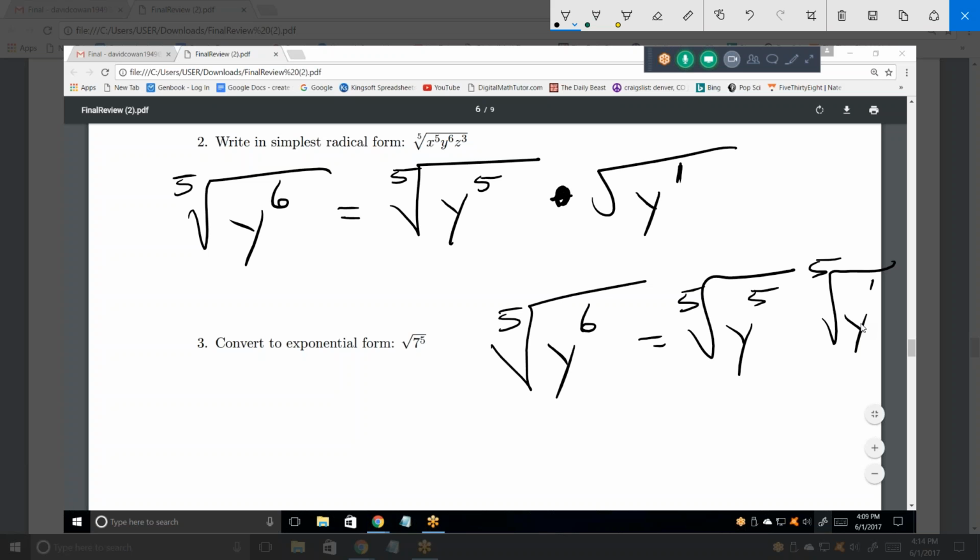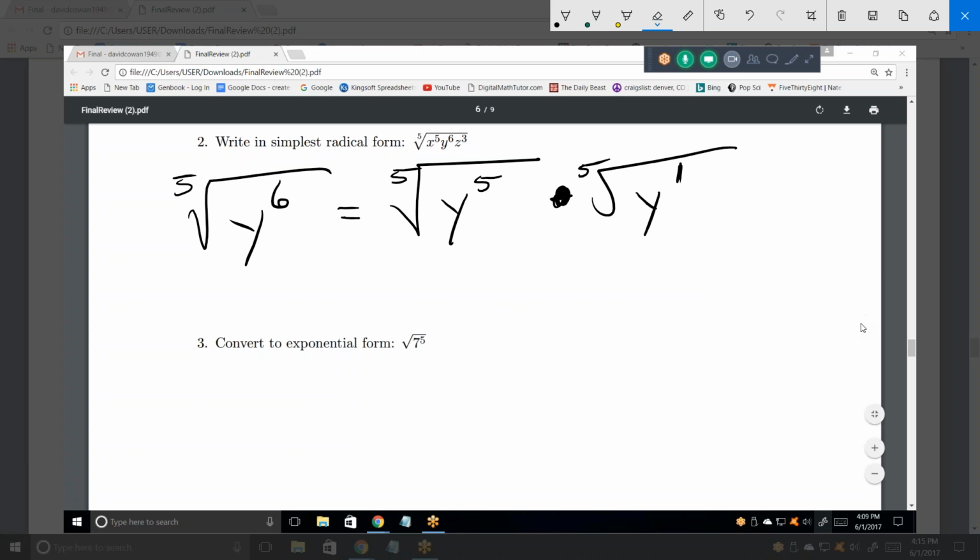That's a multiplication sign, and I need a 5th root there also. In other words, when you multiply, you add the exponents. Yeah, exactly.